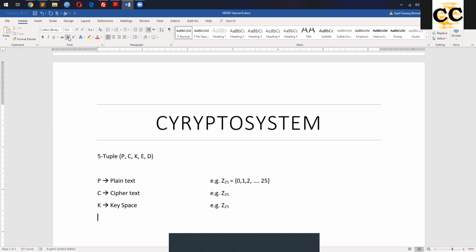E stands for the encryption function. For our Caesar cipher, our encryption function is nothing more than adding the plain text with our key K and taking the mod with 26.